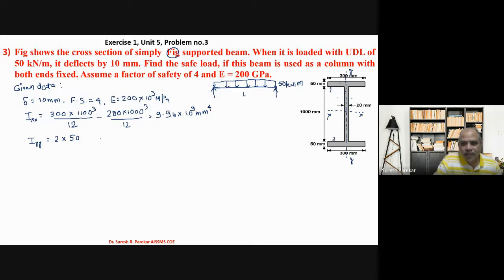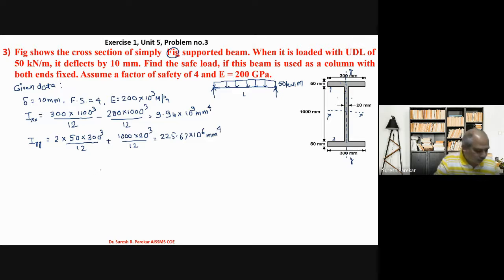B 50 into 300 cube divided by 12. This is for the flanges, plus for the web B is 1000 and D is 20 cube by 12. And this will give us the value of Iyy, 225.67 into 10 raised to 6 millimeter to the power 4.